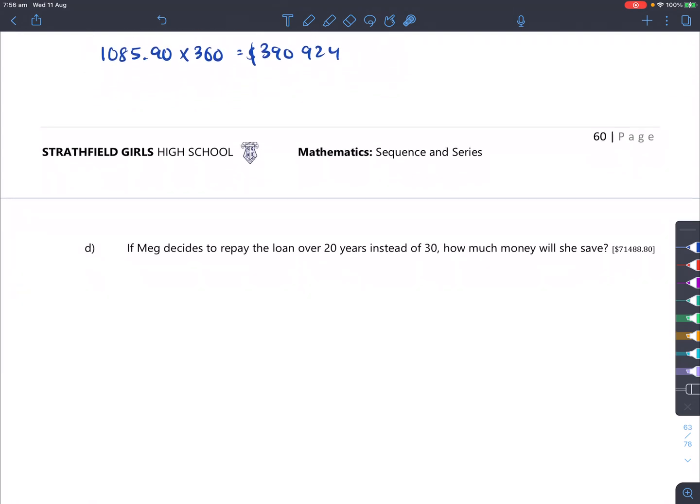So, in question D, if Meg decides to pay the loan over 20 years instead of 30, how much money will she save? Well, let's find out how much she would actually pay off if it's 20 years. 20 years' worth of repayments is the same thing as 20 times 12 months, which is 240.